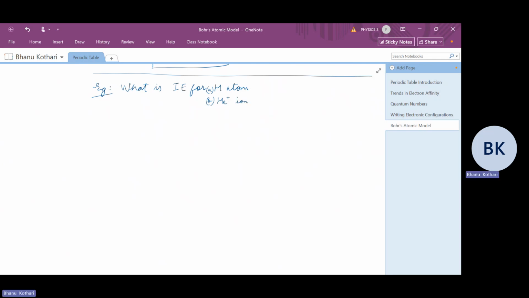So what is the ionization energy of hydrogen atom? Ionization energy can be written as minus of E1. And what is minus of E1? It is minus of minus 13.6 times Z square by n square, right? This is the formula for energy. And what is Z for hydrogen? Hydrogen is atomic number 1. So Z is equal to 1, square, divided by n square.